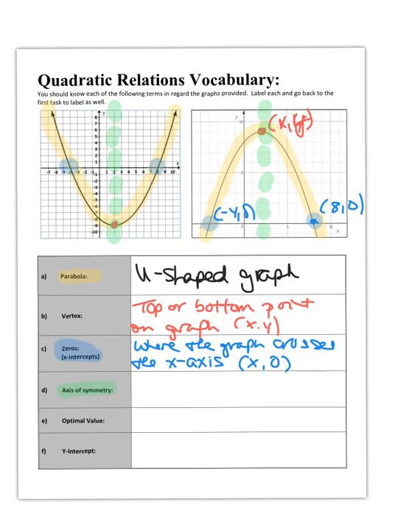Okay, so we're going to say it's the invisible line in the middle of the parabola. Sorry, my writing, it's not picking up my pen today very well. I'm not that bad of a writer, I promise.